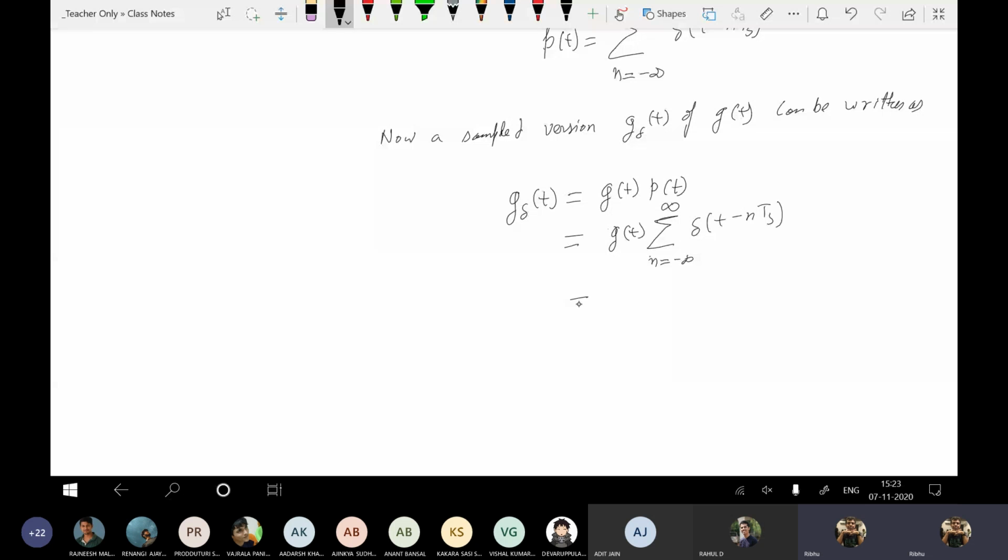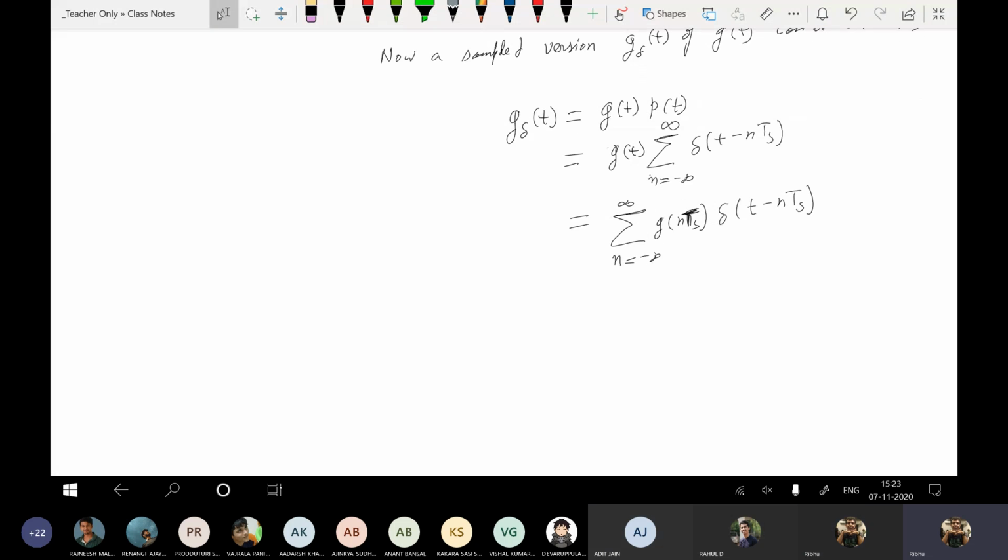Due to the shifting property of the Dirac delta function, I can equivalently write this as follows, right? Yes, sir. Cool.